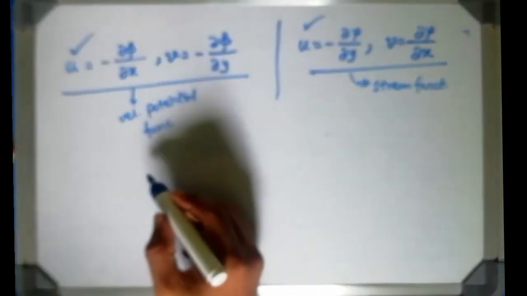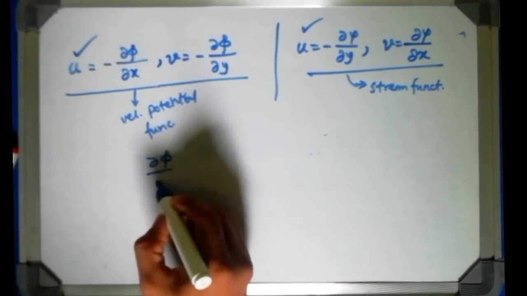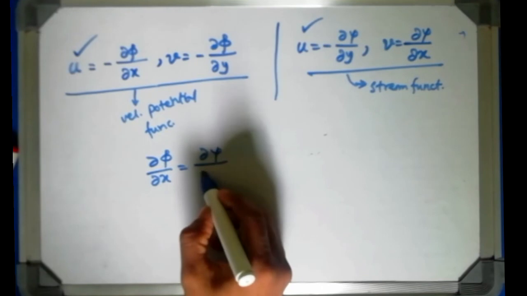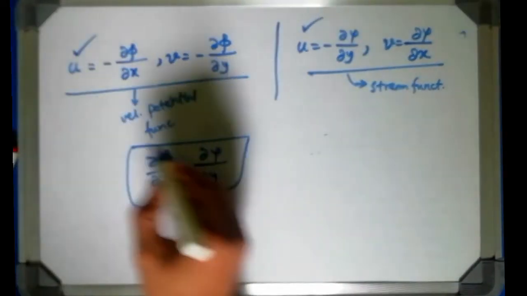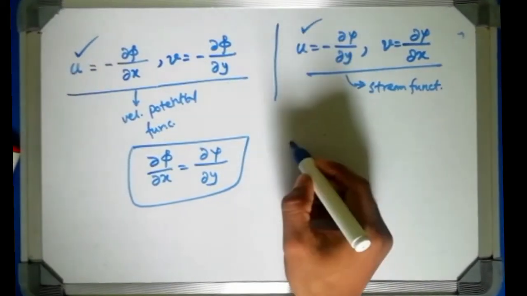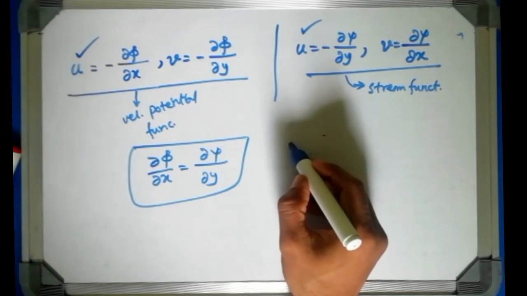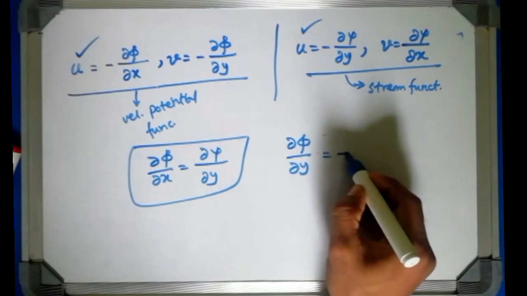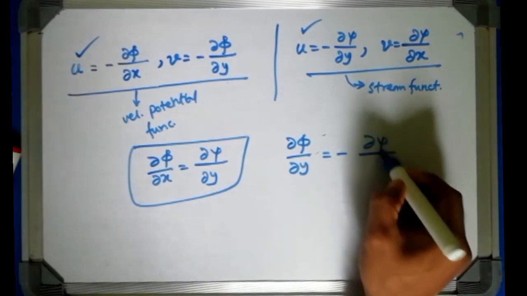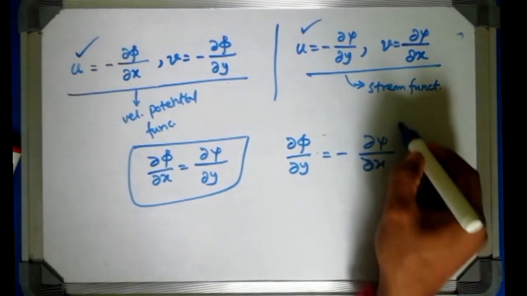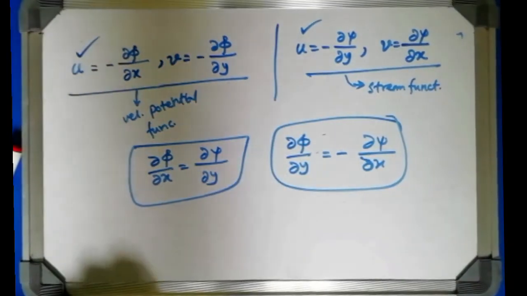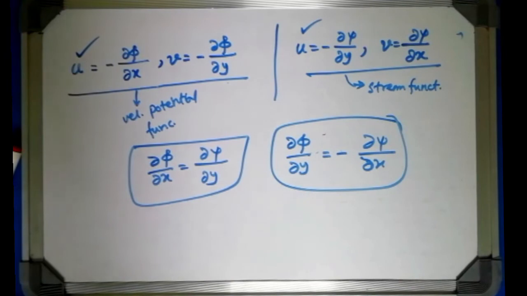If I equate them, it will give you del phi del x equals del psi del y. That is one relationship. Similarly, if we equate the v component, it will give you del phi del y equals minus del psi del x. These are the relations between stream function and velocity potential function.